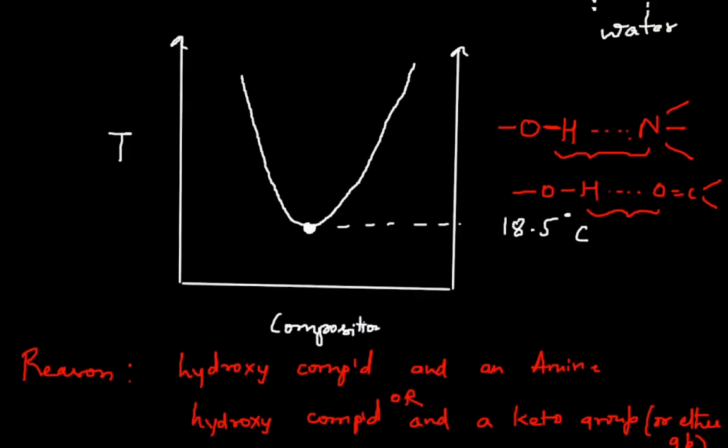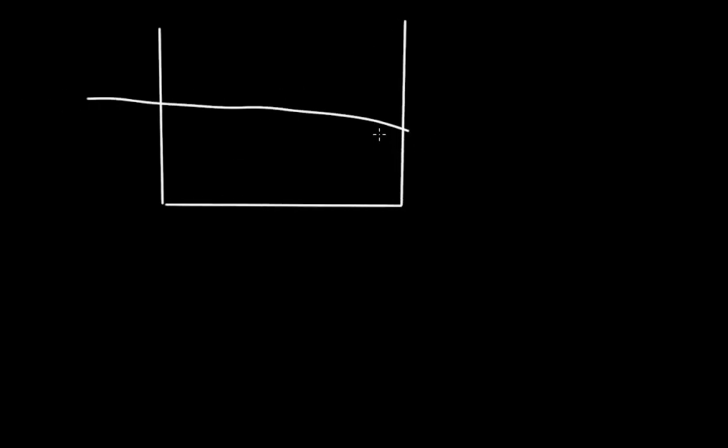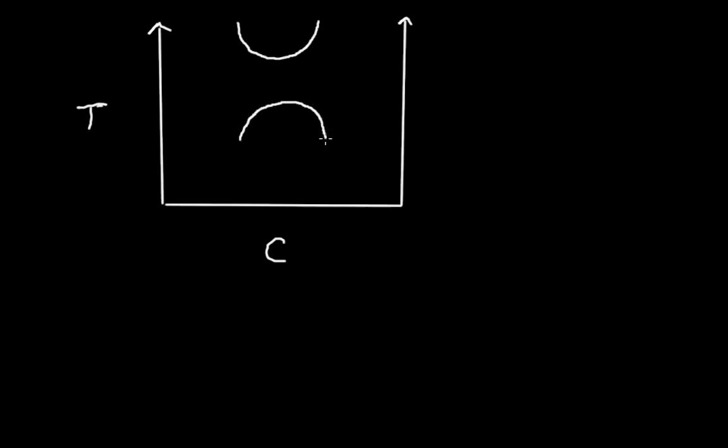Now there are also examples where you might have a lower consolute and an upper consolute temperature in this fashion. You have temperature, you have composition. You might have an upper consolute temperature and a lower consolute temperature in this fashion.